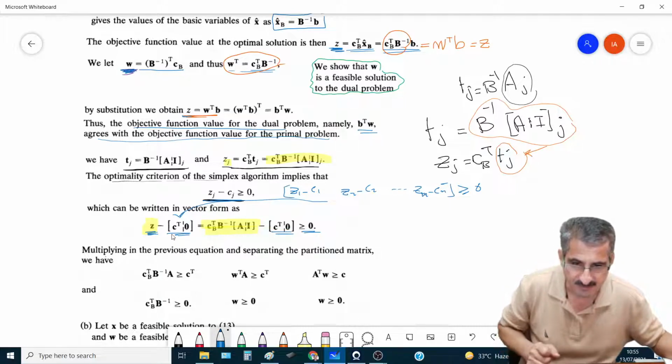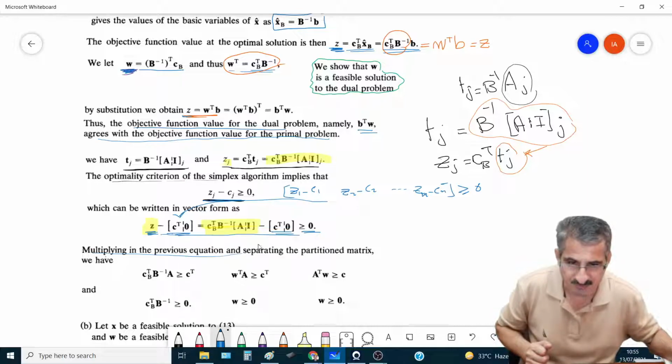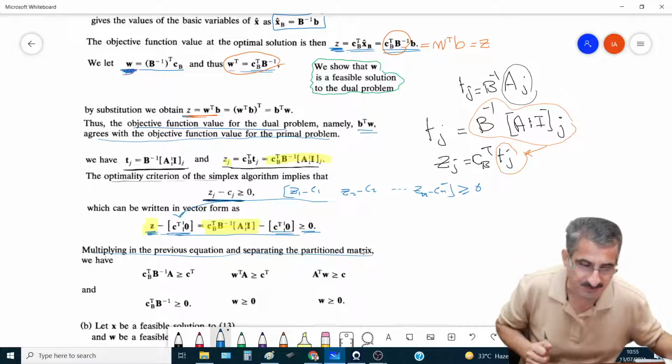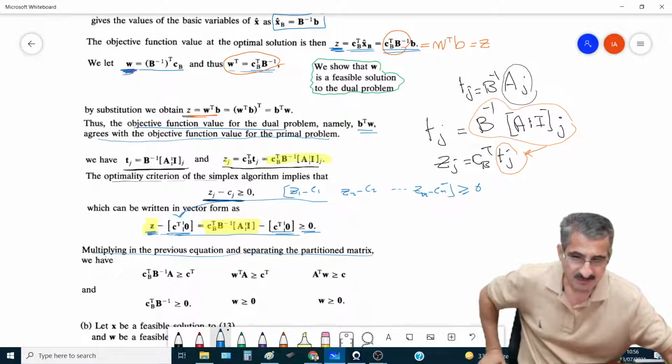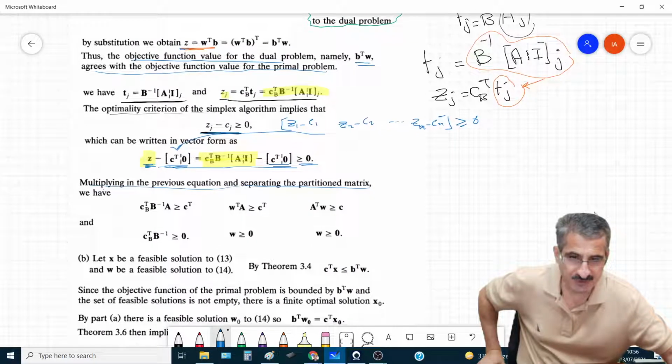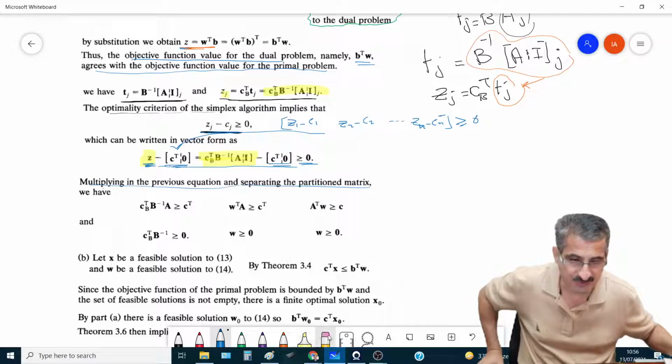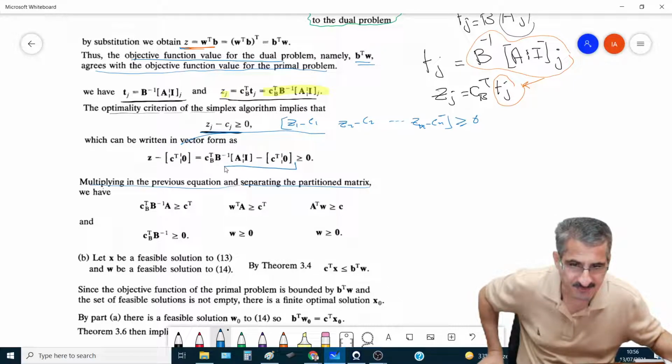So we got this. Now multiplying the previous equation and separating partition matrices, what we need to do is multiplication. Now this part here, we know it is greater than or equal to 0.